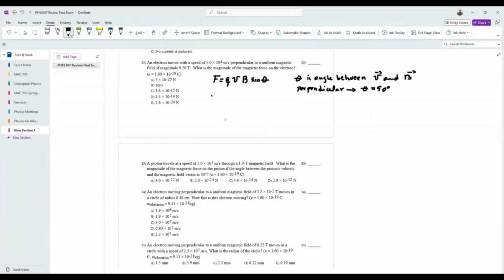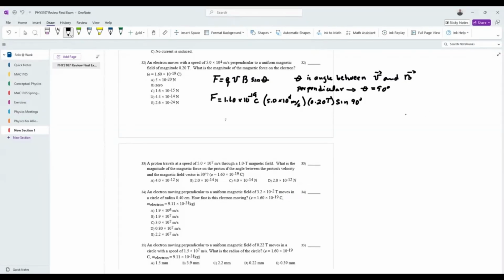Now, we know the charge of the electron, that is 1.60 times 10 to the negative 19 coulombs. We know the speed, that is 5.0 times 10 to the 4 meters per second. We know the intensity of the field, that is 0.20 Teslas. And then sine of 90 degrees.